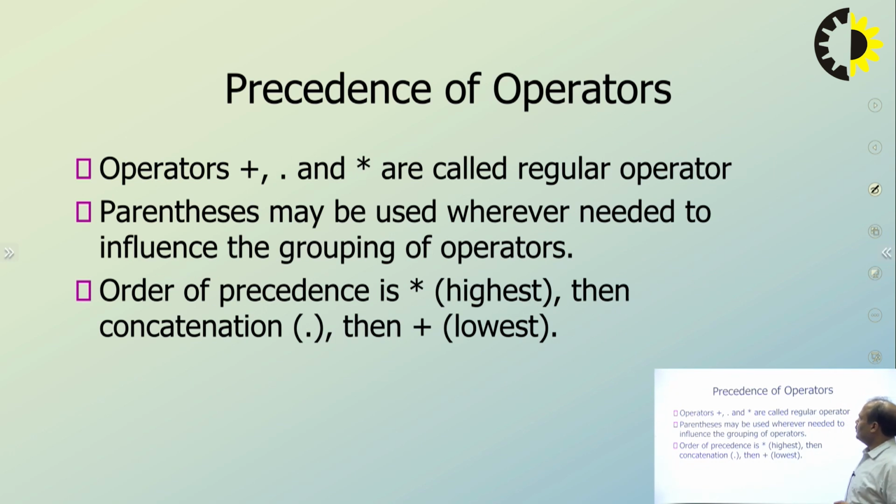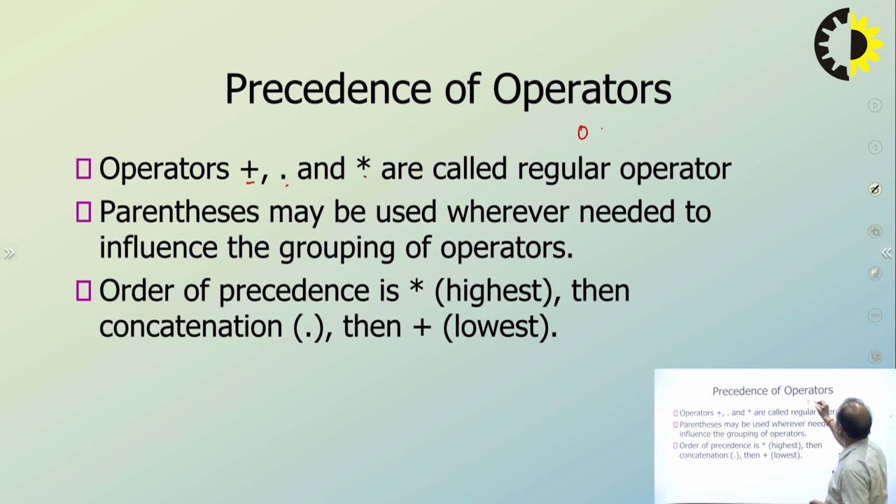There is a remark on this: the operators plus, dot and star are known as regular operators. We have only 3 operators, plus, dot and star, and we call them regular operators. Parentheses may be used whenever needed, as I just discussed. The order of precedence, when you remove the parentheses, is star, then concatenation, then plus.